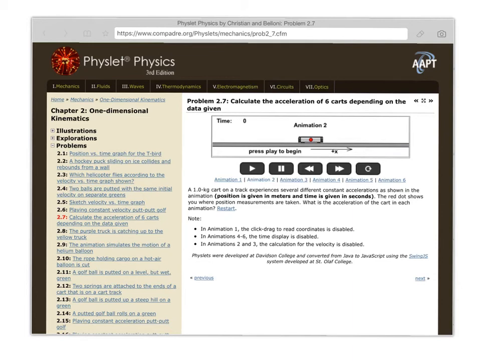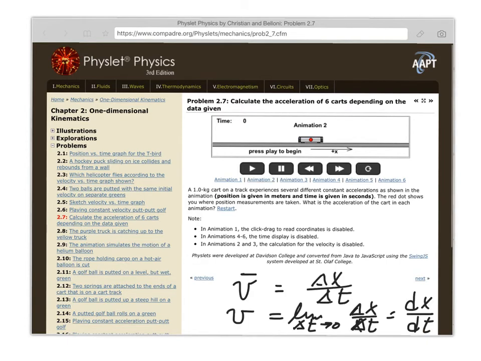Actually, I'm coming back to animation 2 because there are some useful kinematics concepts that I want to go over. This will be helpful, so let me pause the video. It is really important that you push yourself to understand the difference, conceptually and mathematically, between average velocity and instantaneous velocity.